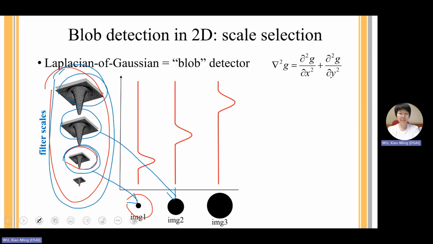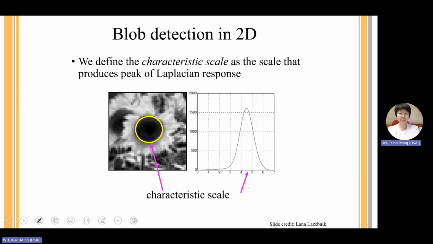And this one will give the highest response for the large blob. So in order to identify blobs of varying sizes, you need to apply filters of varying sizes simultaneously.